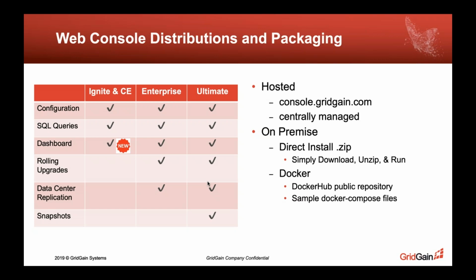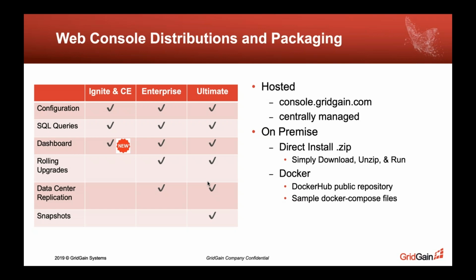If you are a GridGain Enterprise user, we will also activate the rolling upgrades, as well as the data center replication feature in Web Console. And if you're using GridGain Ultimate Edition, we activate the Snapshots view. The idea is that with Web Console, we will give you all of the features.